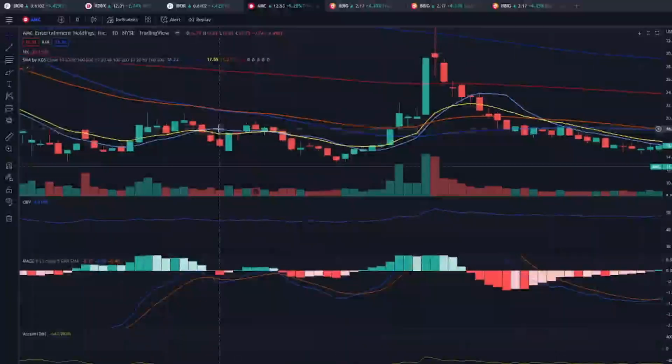As you can see here, the short-term moving average, the 20, is crossing in between the price and hugging it from both directions, but for most of the time it is over the price. The price is under the moving average here, here, here as well.